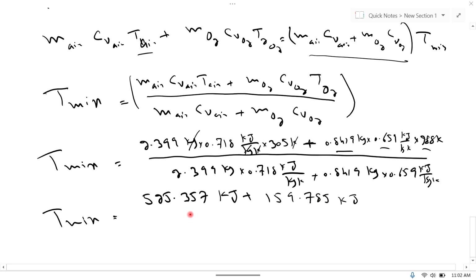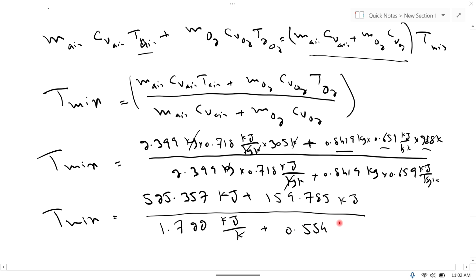kilojoule divided by, now multiply these two values, which will be equal to 1.722 kilojoule per kilogram plus multiply this, kilogram will be cancelled with kilogram, so this will be Kelvin, plus multiply these values which is equal to 0.554, kilogram will be cancelled with kilogram, so this will be kilojoule per Kelvin.